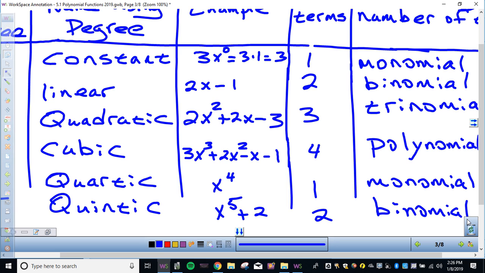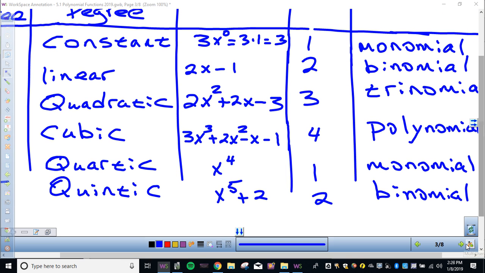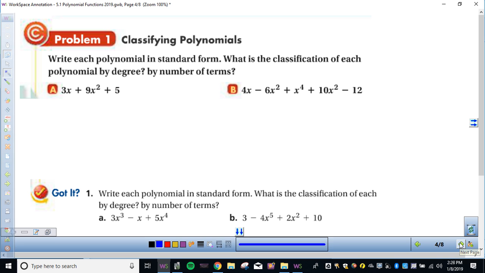So next slide, what we're going to do is we're going to have a polynomial. We're going to write it in standard form, and then we're going to name that polynomial by degree and number of terms. Okay? So you could write down A and B, please, and then to write it in standard form, you can do that on your own.